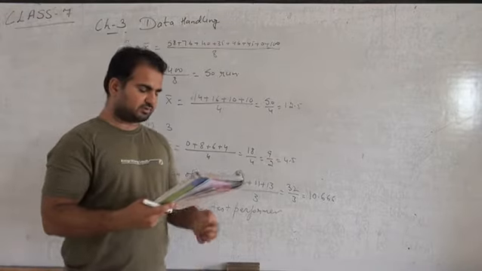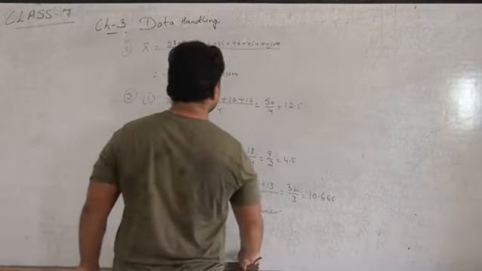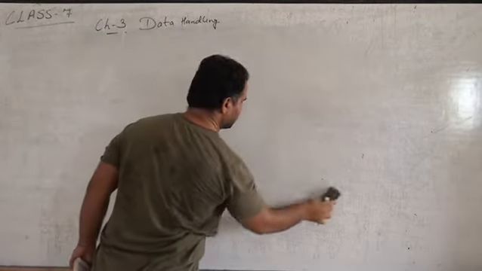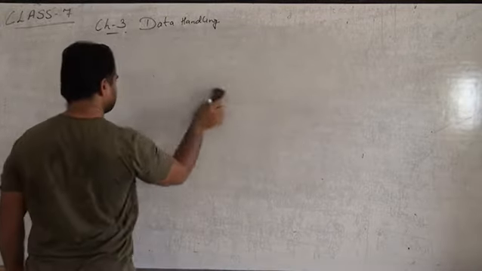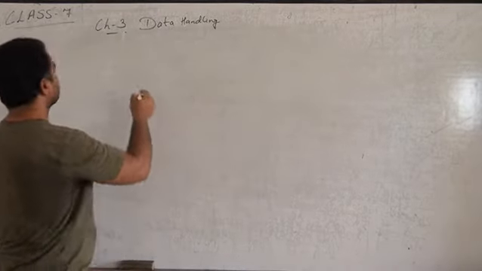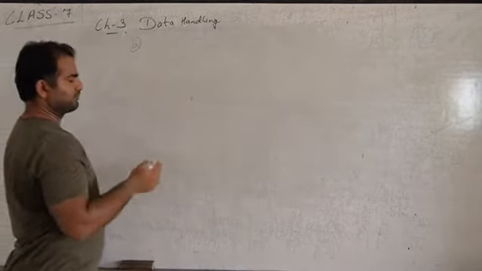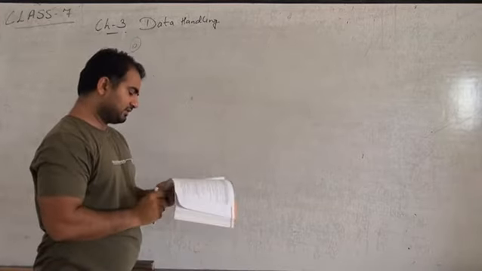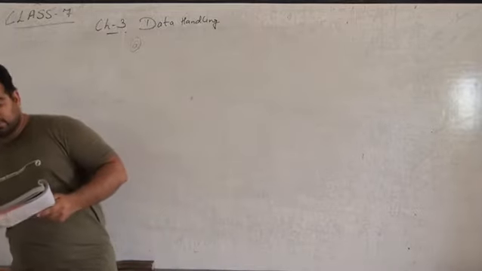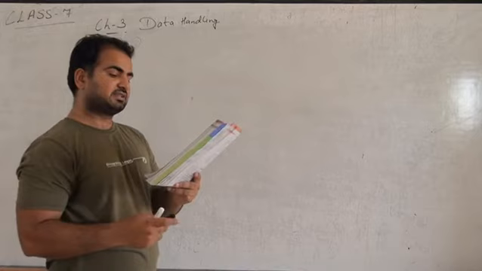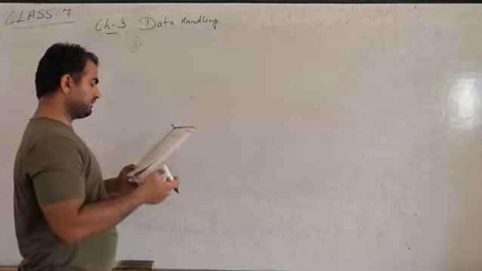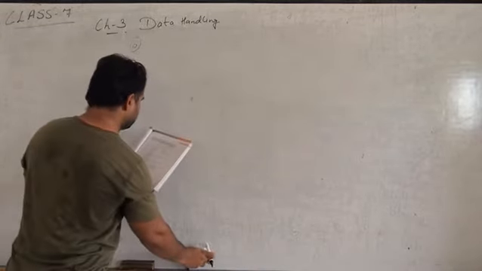Okay, question number 6 is, the marks out of 100 obtained by a group of students in a science test are 85, 76, 90, 85, 39, 48, 56, 91, 81 and 75.